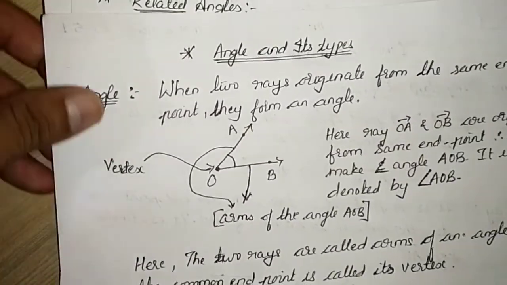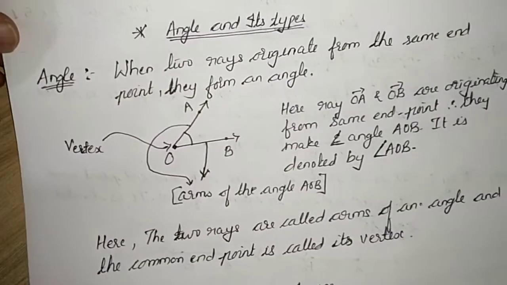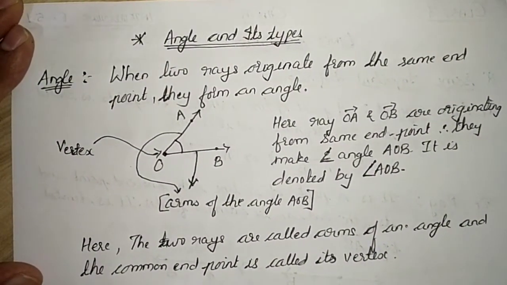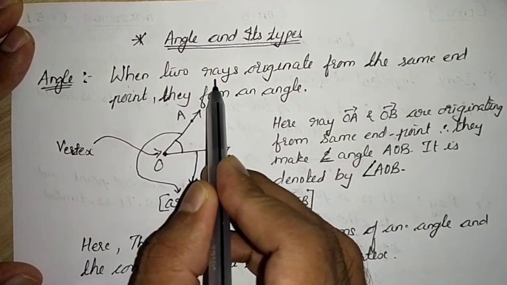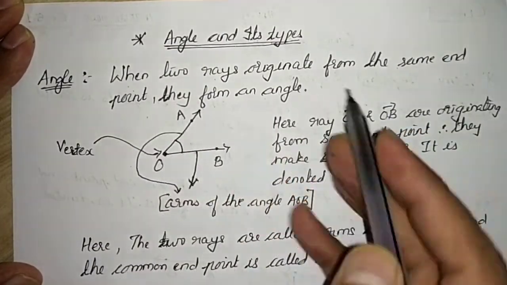Moving to next. Now we are taking angles and their types. What is an angle? The definition of angle is like this. Just now we have studied about the ray. So when two rays originate from the same end point, they form an angle.